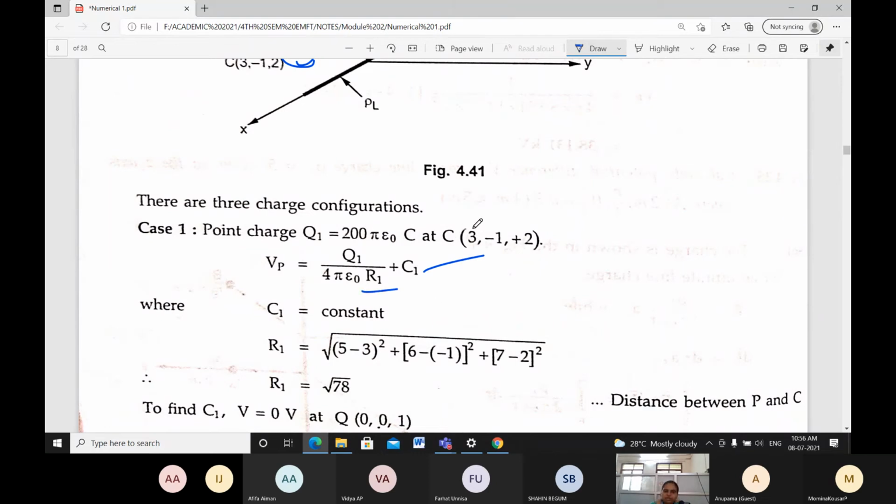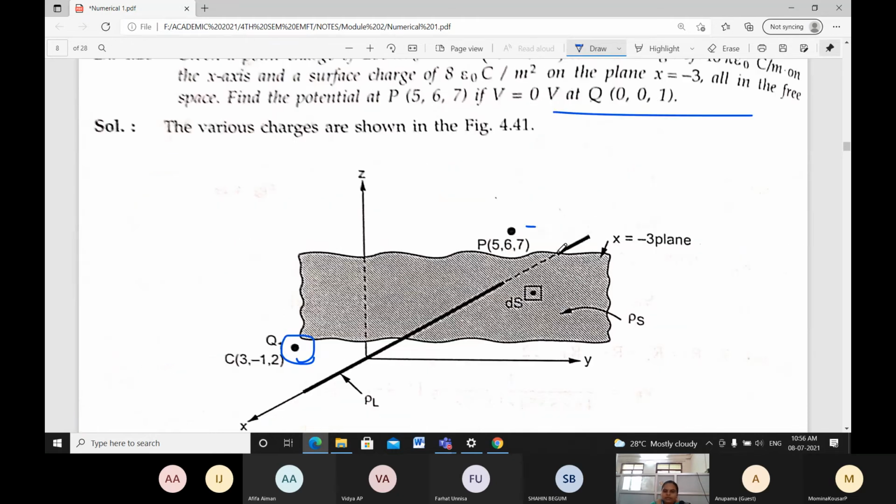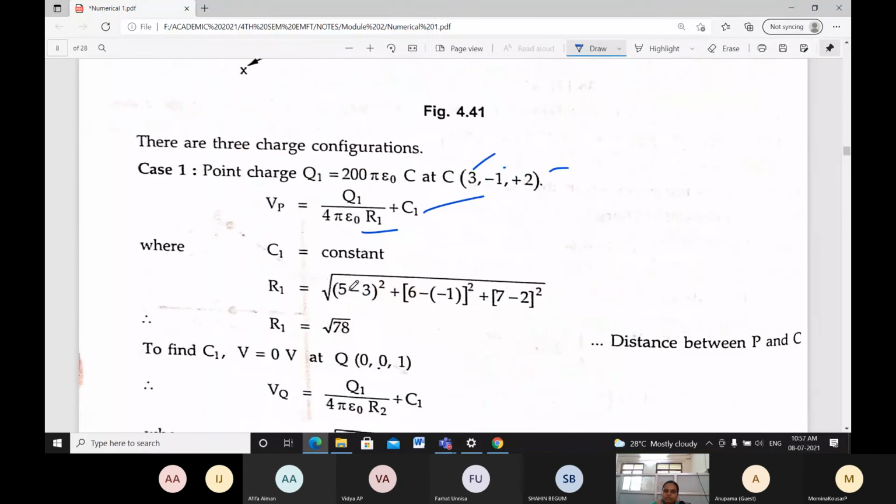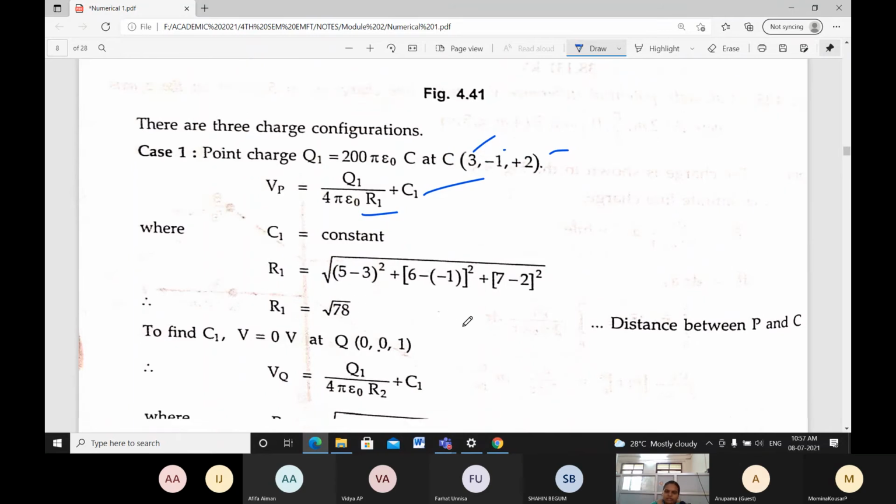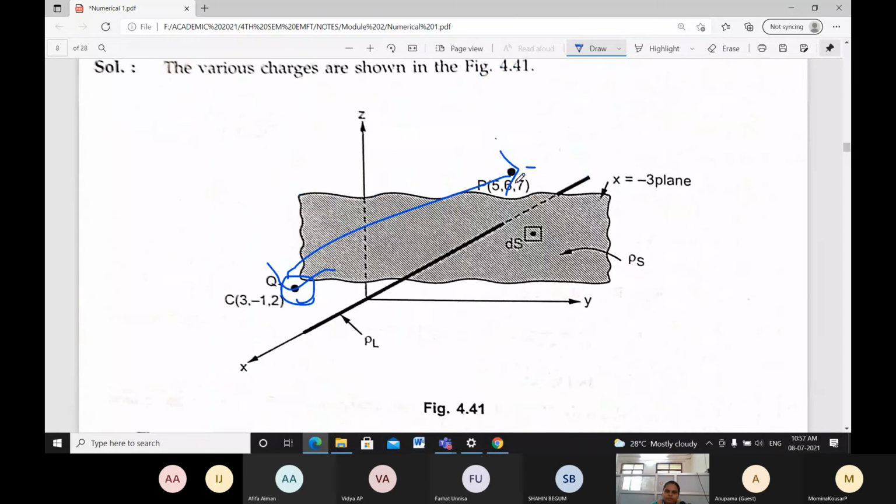Then R1 is from P to the charge: 5 minus 3, 6 minus 1, 7 minus 2, right? Whole square of 5 minus 3, plus whole square of 6 minus of minus 1, plus whole square of 7 minus 2. That's R1, the square root of 78, the distance between P and C.